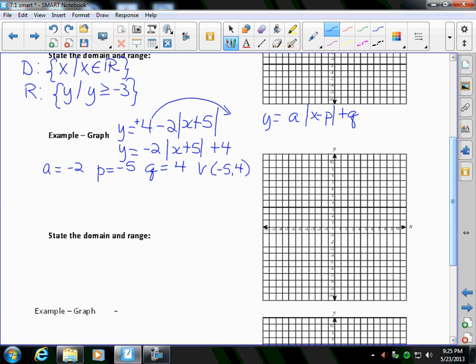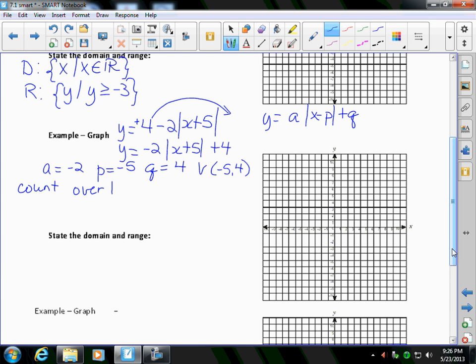So now to do my count, it was over 1, up. Before it was up 1, but now I have to multiply by this 2. So it's not going to go up, though, because it's a negative value.